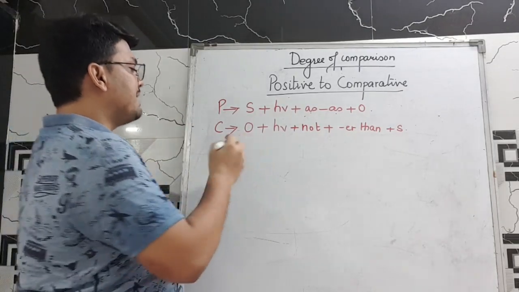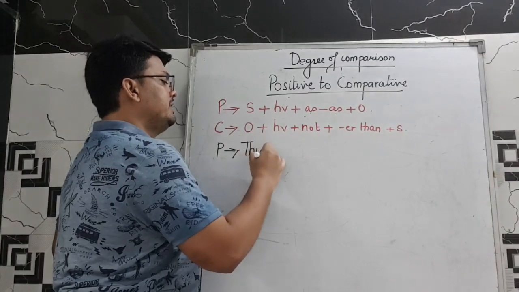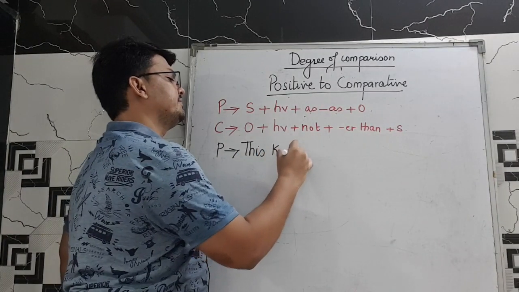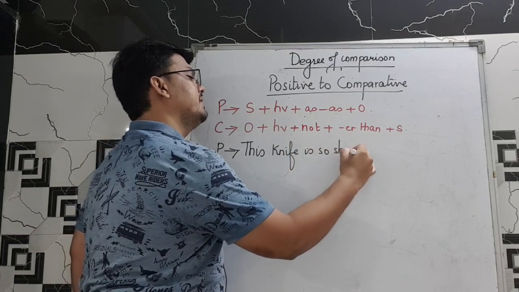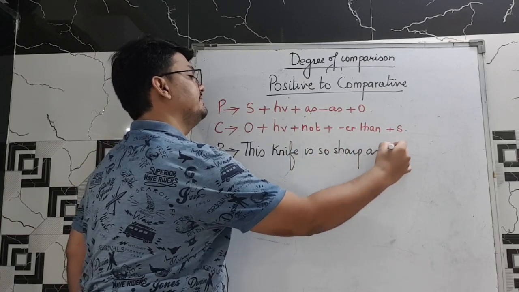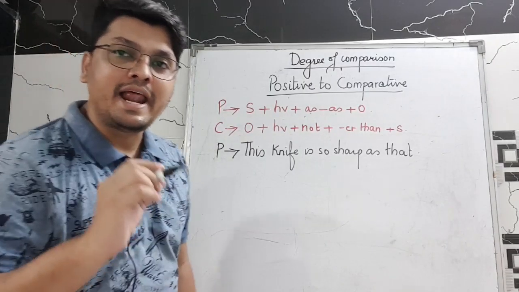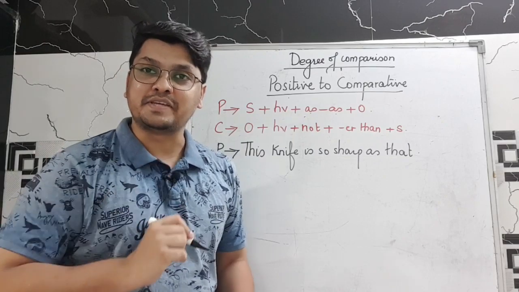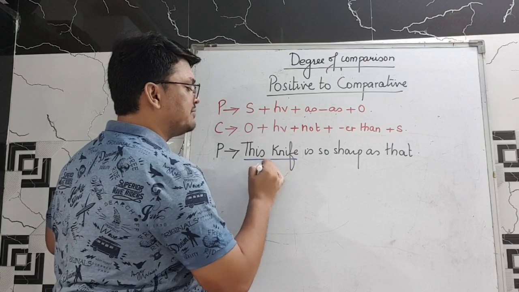Now let's take an example, student. This knife is so sharp as that. First we will analyze this sentence. This knife is subject.